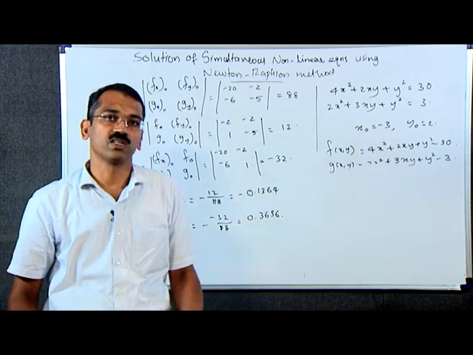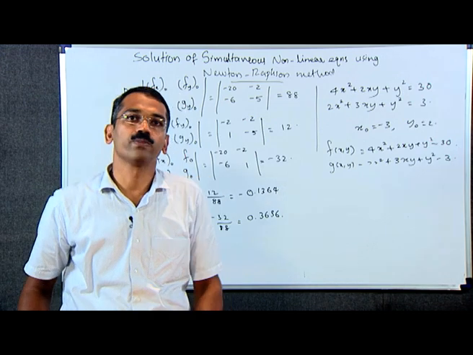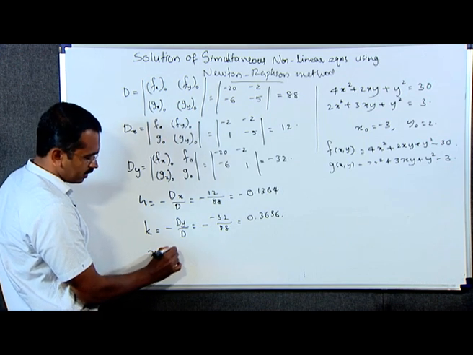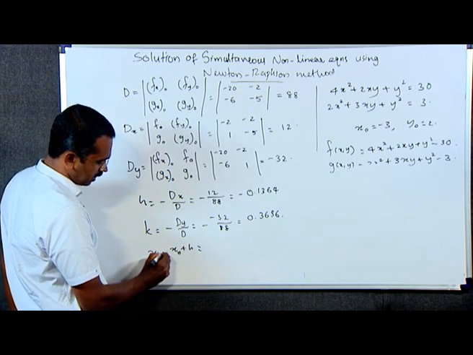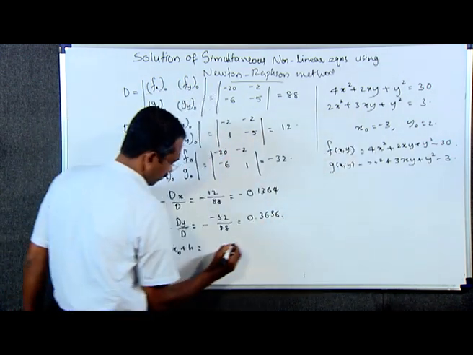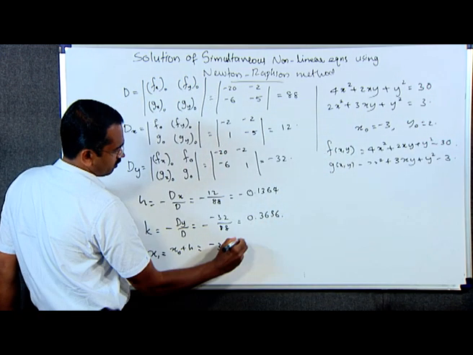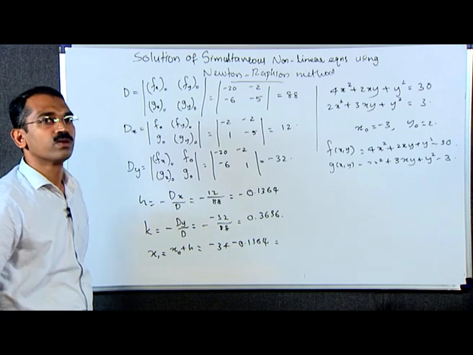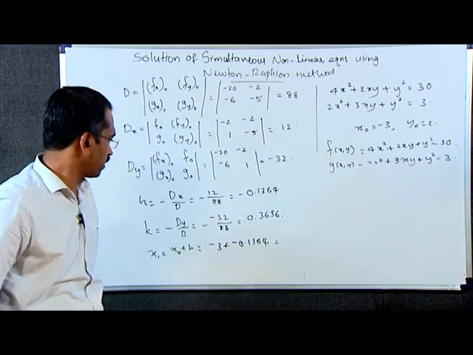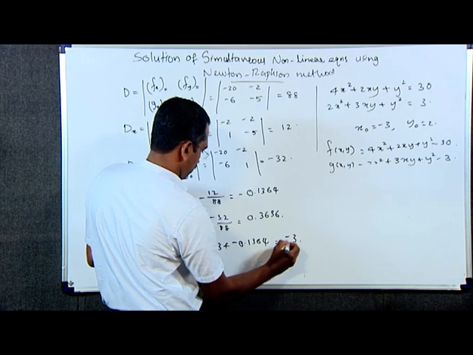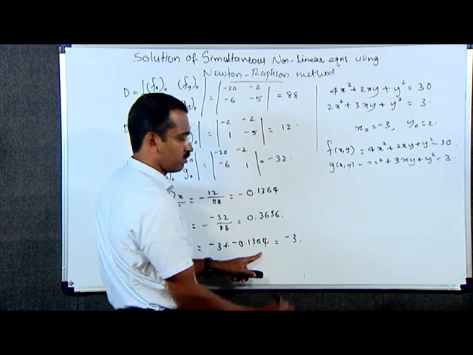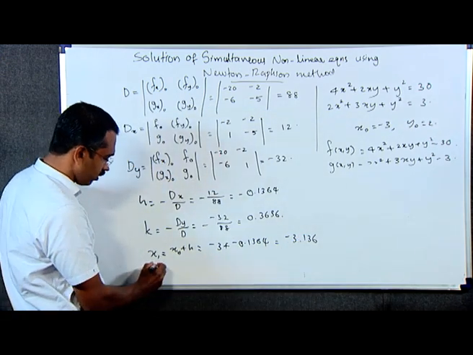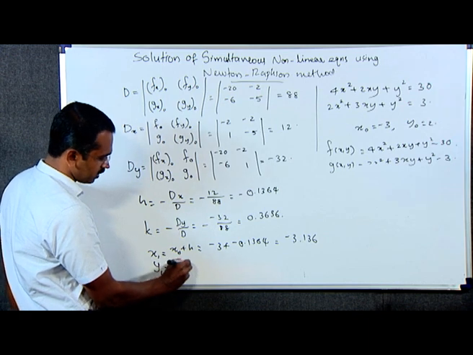These are the values of h and k. Therefore, a better approximate solution can be written as x1 is equal to x naught plus h. That is, x naught is minus 3, plus h is minus 0.1364, which is equal to minus 3.1364, that is minus 3.136 approximately, and y1 is equal to y naught plus k.